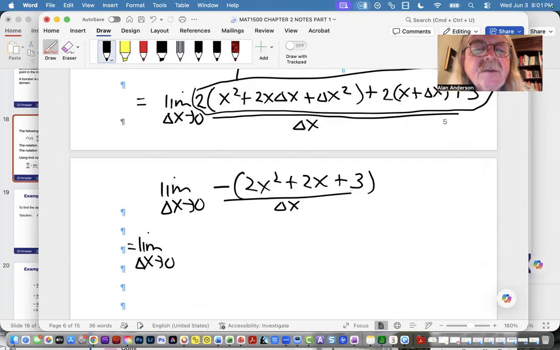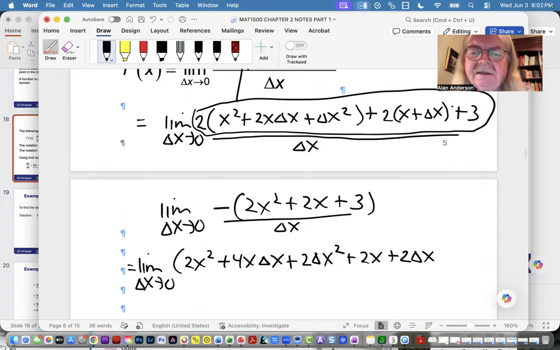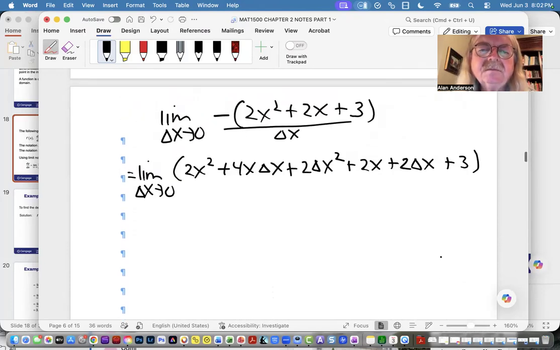So let's first distribute this 2 across all these terms. Now here I'm going to add this 2 times x plus delta x. You have to distribute that too. And then over here, you still have this 3. And then we have to subtract these terms. Let's do it like this.